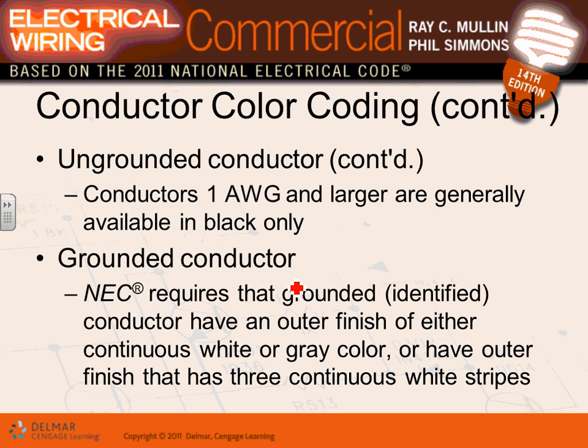A lot of ungrounded conductors, size number 1 and larger, come in black. So how do you do it? Now they have a lot of color coding. So what if I have 4/0? If you want to buy 4/0, the cheapest 4/0, well, things are changing though, it's going to be black. You're going to get four black conductors.